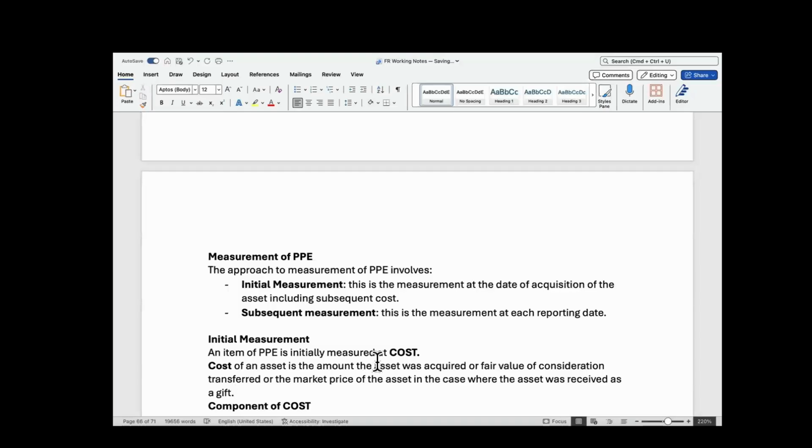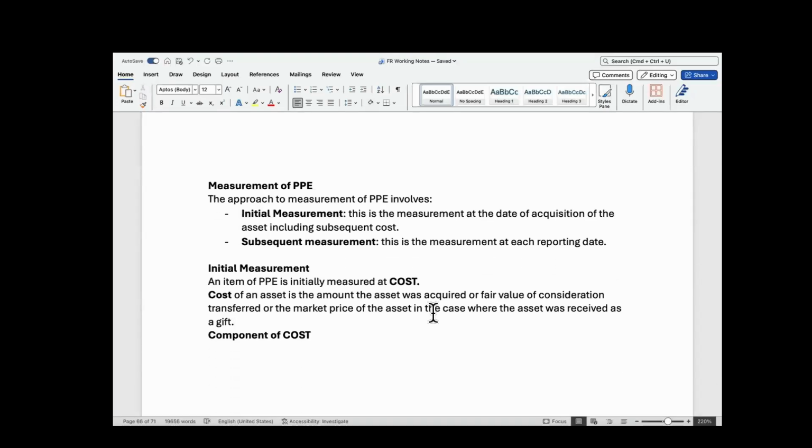You should be talking about the market price of the asset in that case.